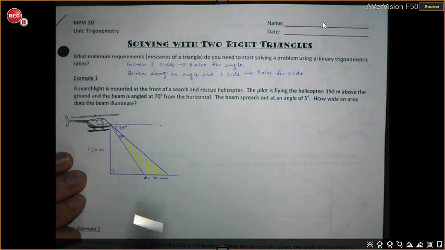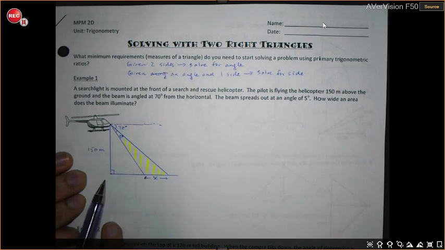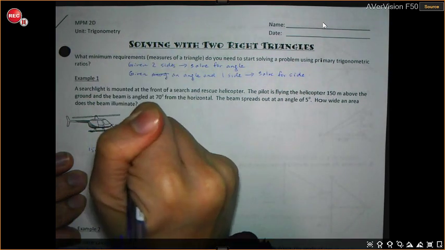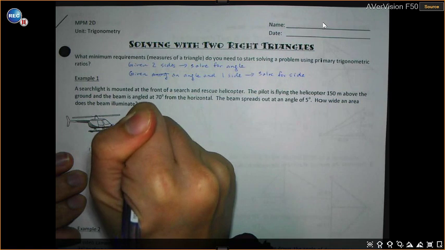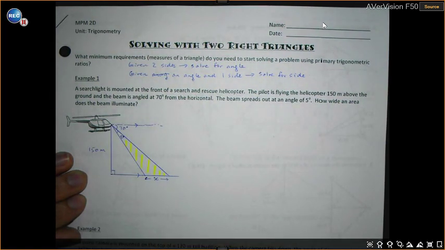So based on the information given, what we can find first is this is the horizontal, which is parallel to the ground. So if these lines are parallel, we can use the parallel line theorems to figure out the other angles.